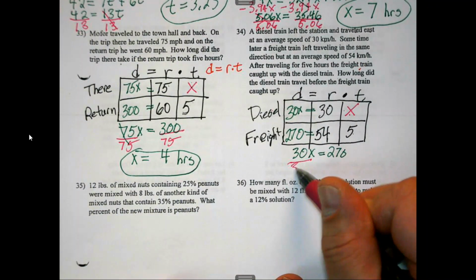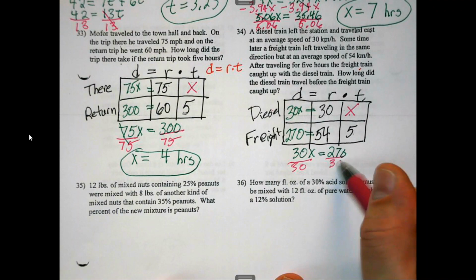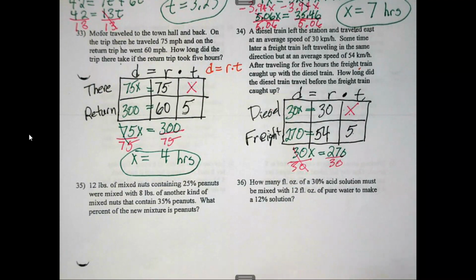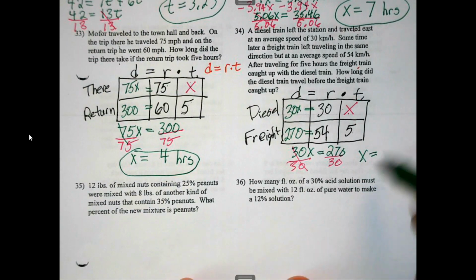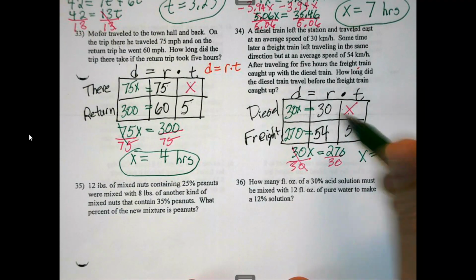Divide by 30. So x equals 9 hours. And again, it makes sense. It should take longer because the diesel went a lot slower.